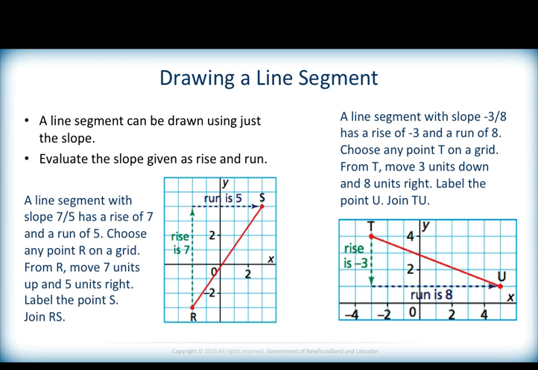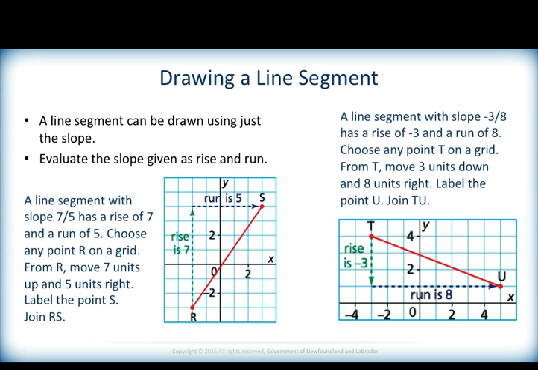And we can keep continuing this process until we stop at any point that we want. And we can label the endpoint S, and we're going to join the 2 points to create the line RS. Since this was a positive slope, the resulting line segment must increase from the left and move up to the right.